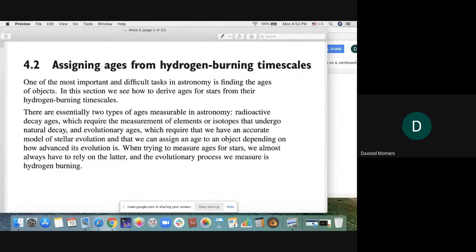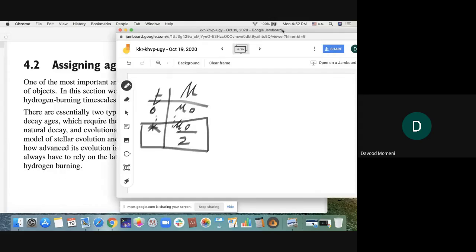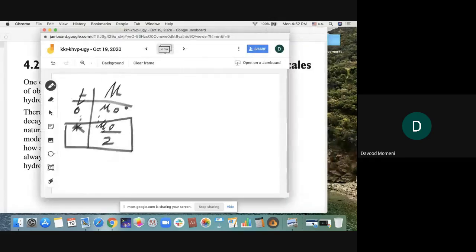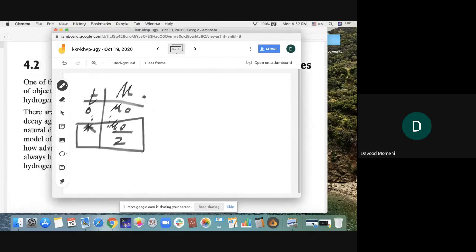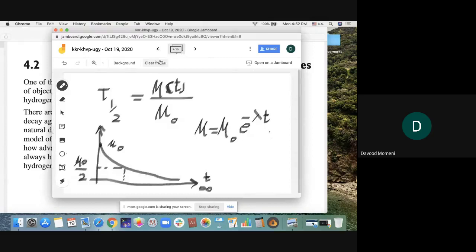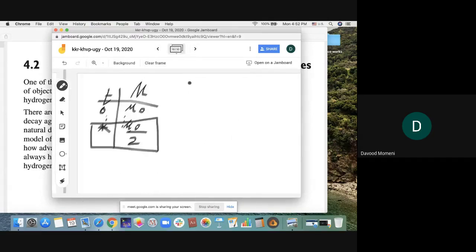Also you need the evolutionary time. For a star, estimating the radiation or nuclear decay lifetime is not enough. You also need the evolutionary time, which is the one I showed you in the previous slide.